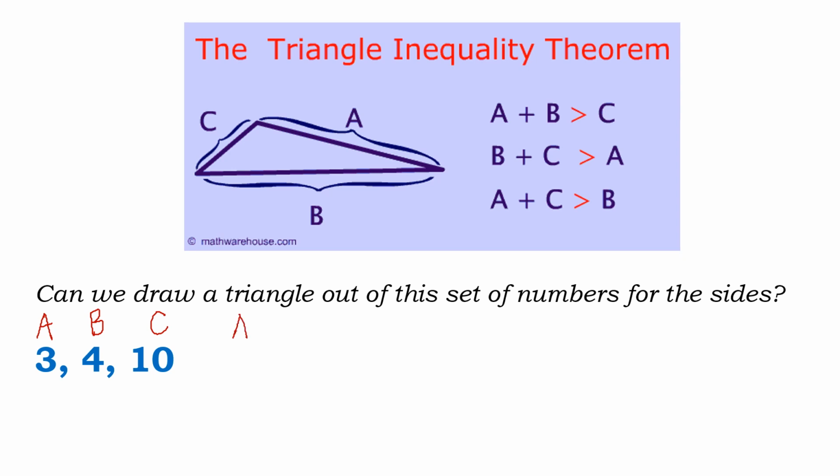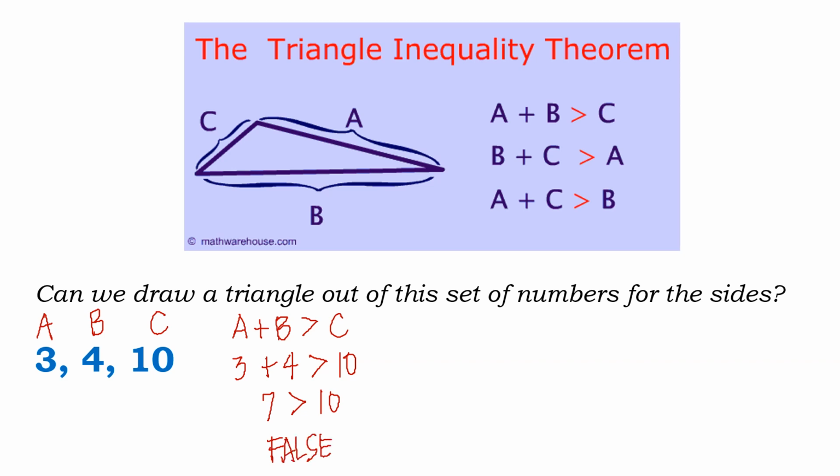And then we first solve for A plus B should be greater than C. So A is 3 plus our B is 4, and it should be greater than the value of C, which is 10. So this is 7 greater than 10. So this is false.